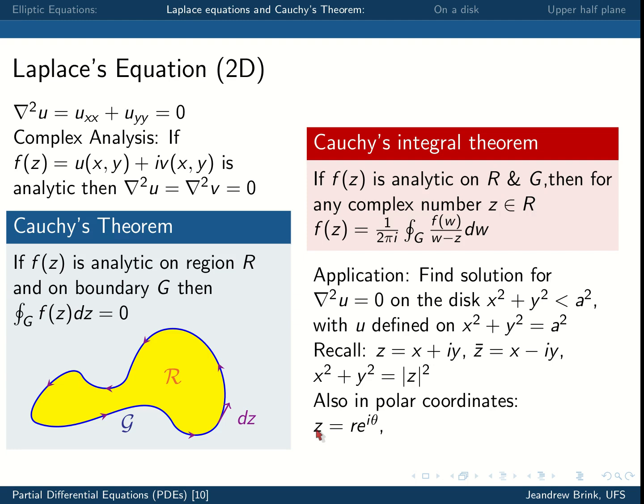So we can set z equal to r times e to the i phi, and once again, the norm is simply r, which is assumed to be greater than 0. Okay, and the approach now is to use Cauchy's integral theorem to get an explicit expression for u at z if we're given u on the boundary.